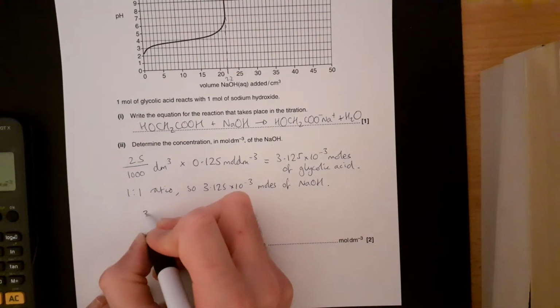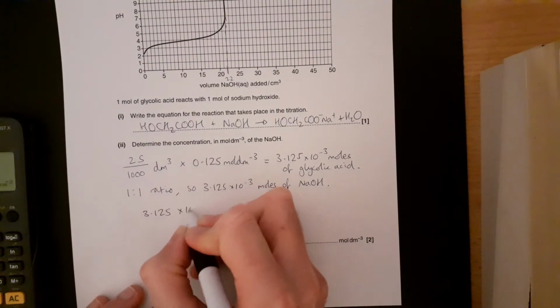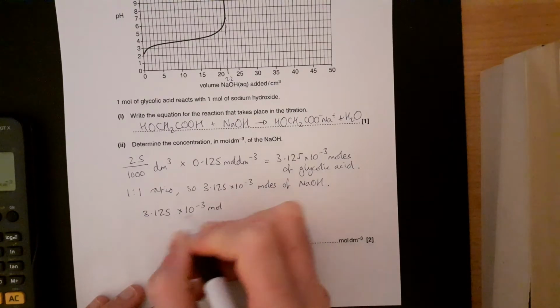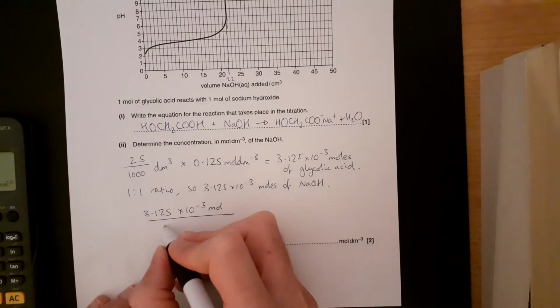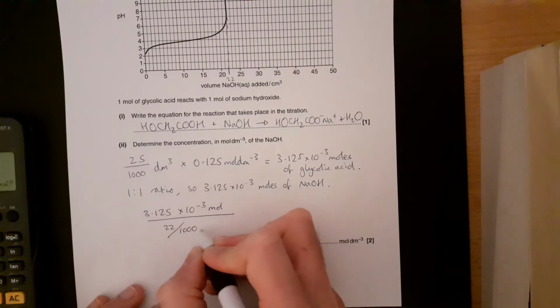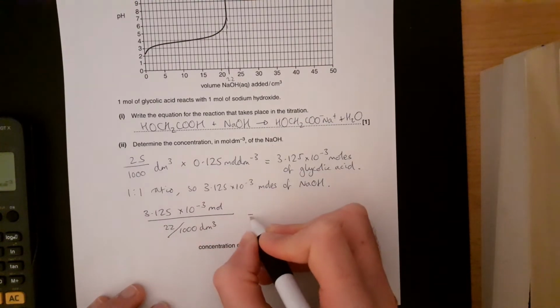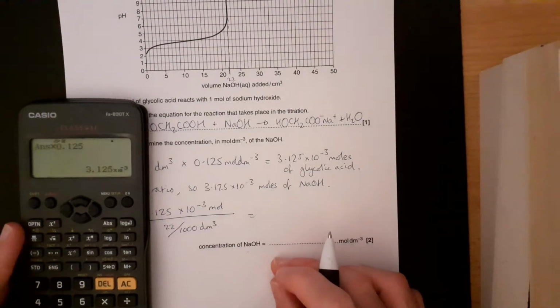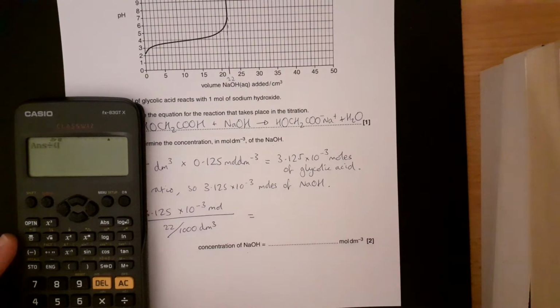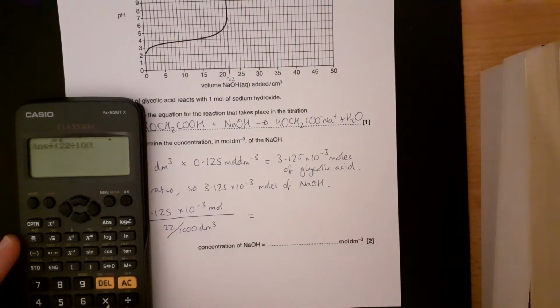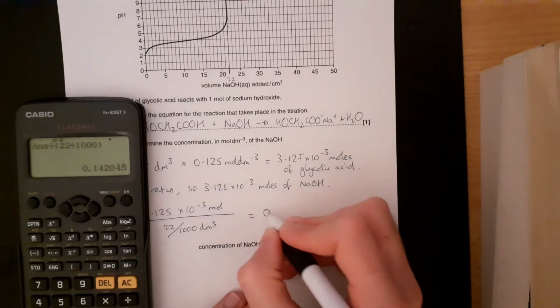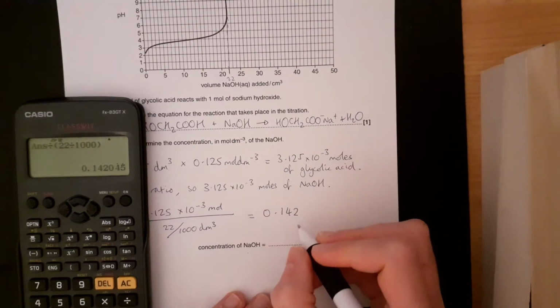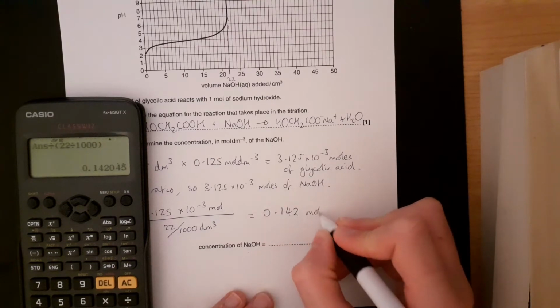We're going to do our 3.125 times 10 to the minus 3 moles divided by 22 over 1,000 decimetres cubed. So let's calculate that. We've already got our number here. Divide by 22 divided by 1,000. And we get 0.142 moles per decimetre cubed.